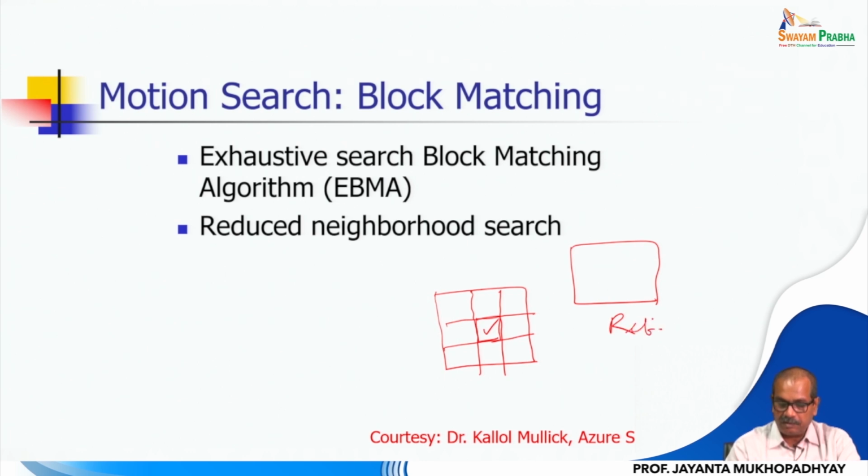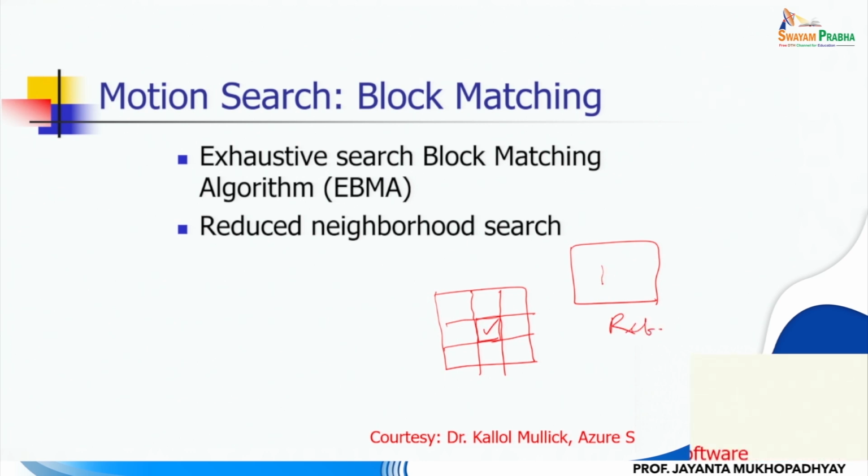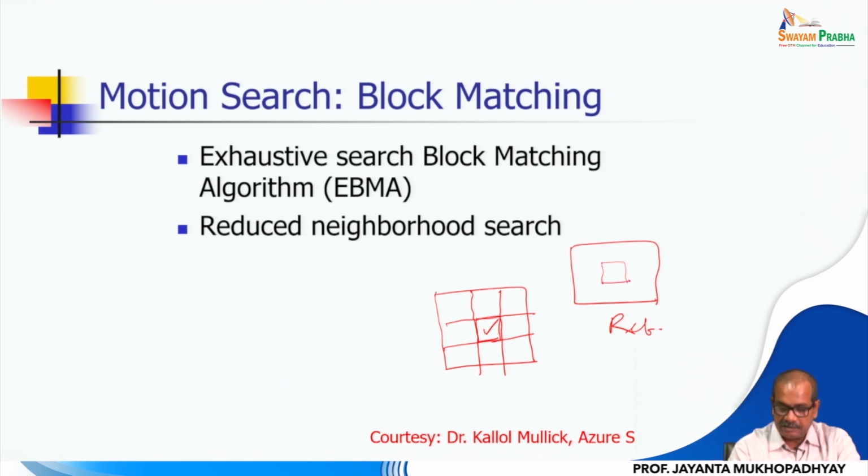So in the reference block, now you consider this position, and around this position, since this is a block location, you consider the neighborhood locations only. Among these neighbors, each and every location you search with the same block size, and you compute the error.